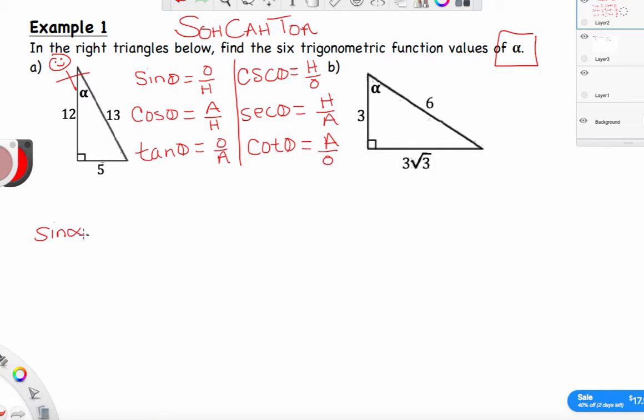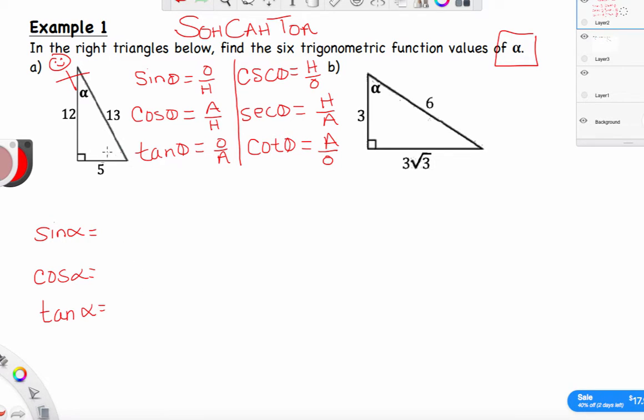I want to find sine of alpha, cosine of alpha, tangent alpha first, and then once I do that, I'll go ahead and find the other 3 reciprocal function values. The only reason I'm not going to make an assembly line over here and write down cosecant, secant, and cotangent is because I don't know how much room I need, and I don't want to squish everything in, so I'm just going to wait for a minute or 2 until we get the first column done.